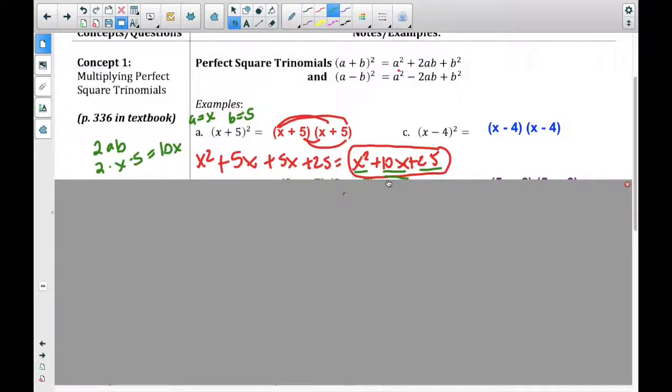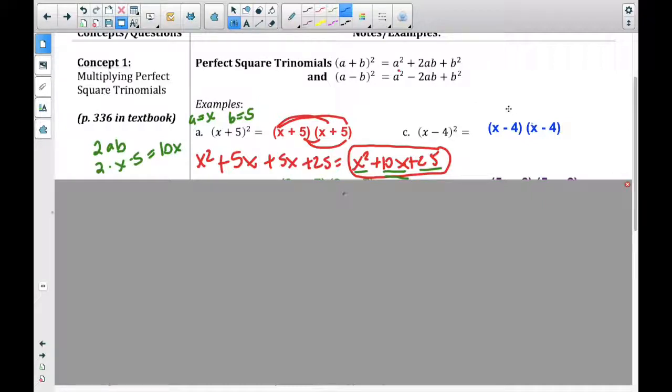So 10x goes in the middle. Again, I think that on that one, there's not much advantage to memorizing the rule, but it might be useful later, so I would just want to go through some examples of it. Let's take a look at the next one, which is example C.